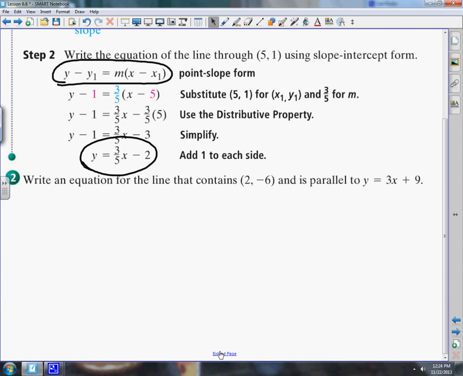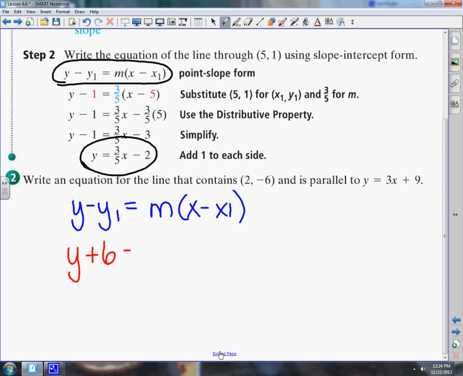So try this. Write an equation for the line that contains (2, -6) and is parallel to y equals 3x plus 9. So you're going to use point-slope form. Okay. So now you would get y plus 6 equals the slope, which is 3, and I got that from this equation, times x minus 2.